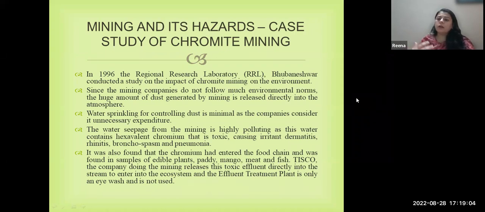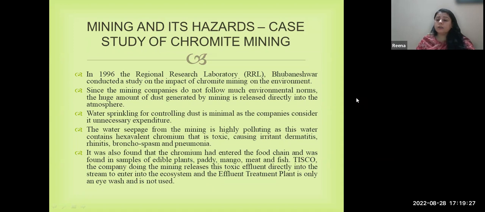But when you are conducting mining operations, these contained and stabilized forms of chromium compounds get exposed to the environment, and this is toxic. This causes irritant dermatitis, rhinitis, bronchospasm, and pneumonia.